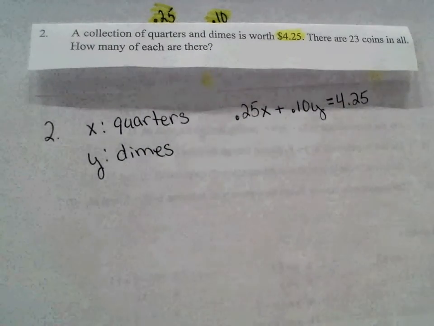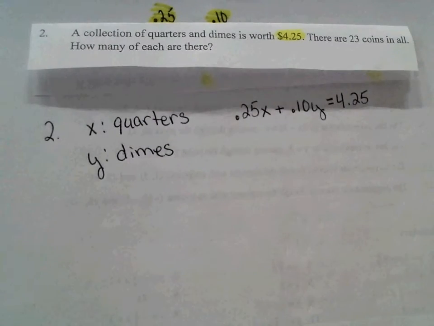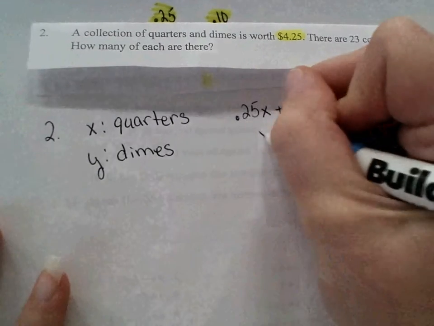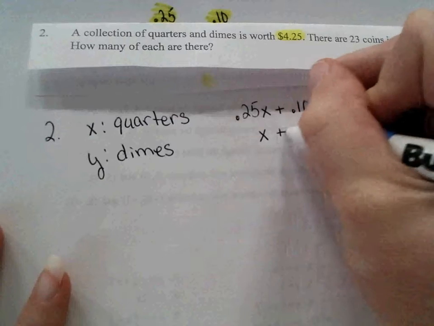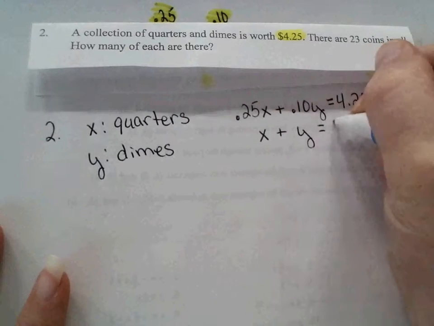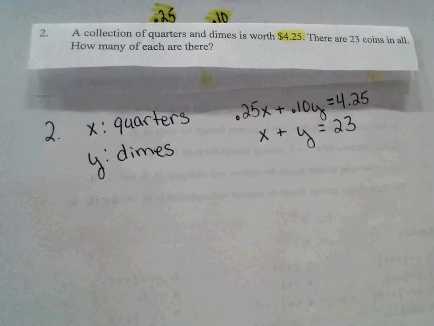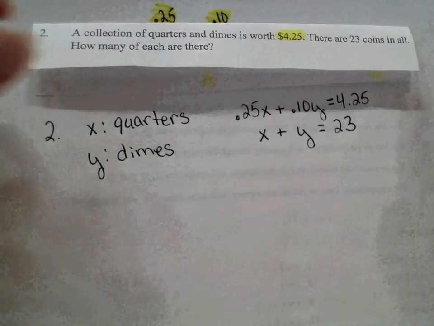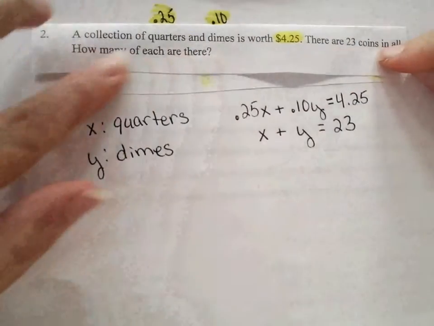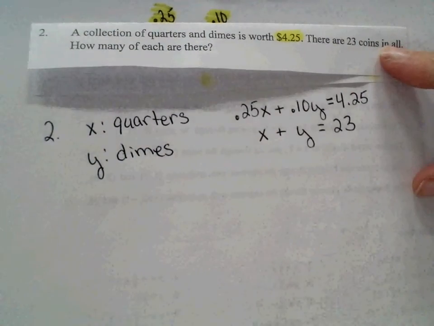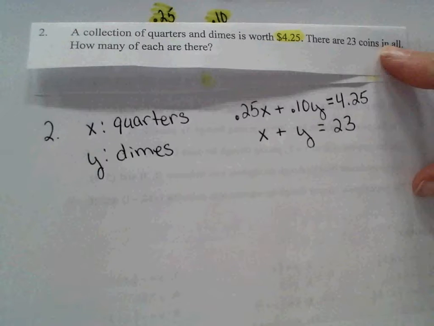What is 23 made up of? It's your pile of quarters and your pile of dimes, right, Trey? X plus Y equals 23. Yep. However many quarters I have plus however many dimes I have equals 23 coins total. Okay, very similar to the last one, just different numbers.